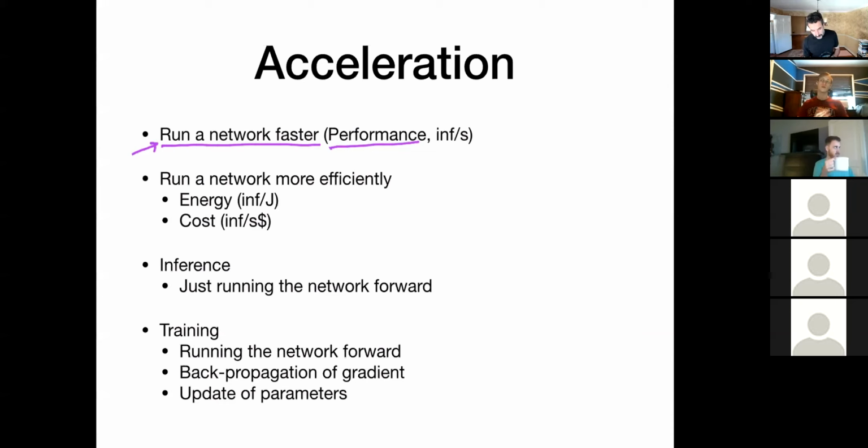But on the other aspect, you also want to run them very efficiently. Why is that important? The way you can think about it, you should separate training from inference. For training, you could assume that you have a server in a data center, right? It has a GPU.